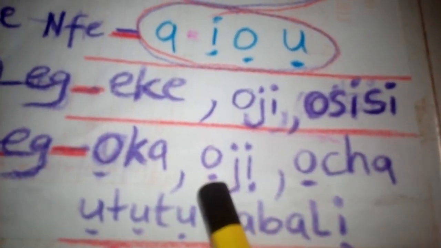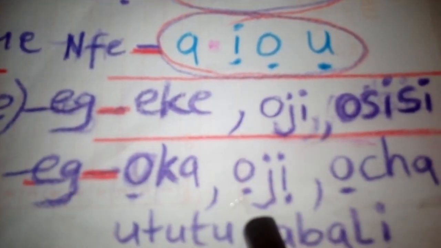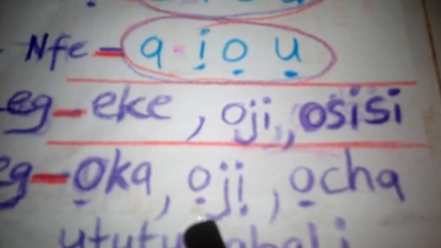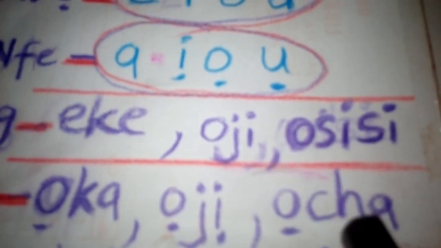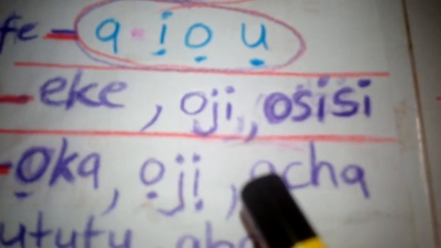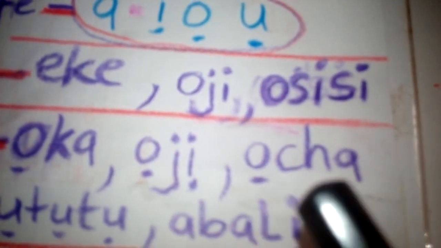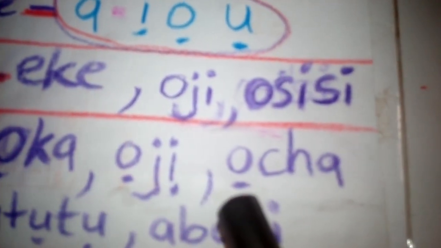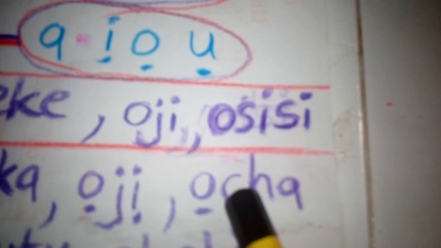O belongs to this group. G is a consonant. E belongs to this group. Ocha is white, or in some places you can use it as clean. O belongs to this group. Ch is a consonant. A belongs to this group.